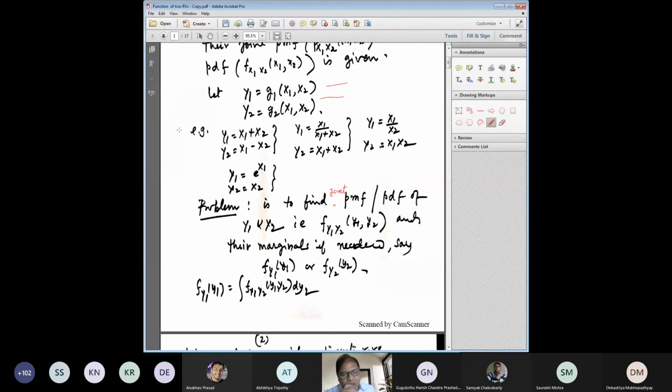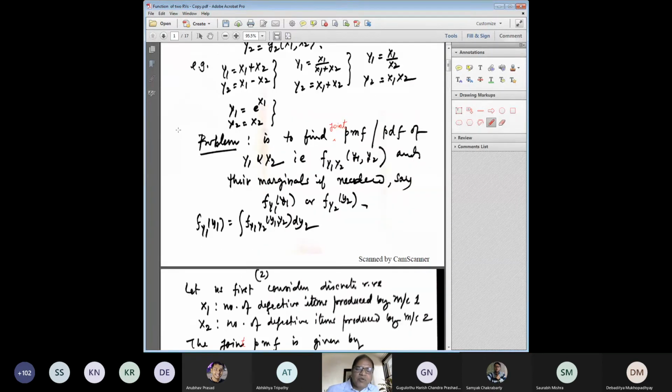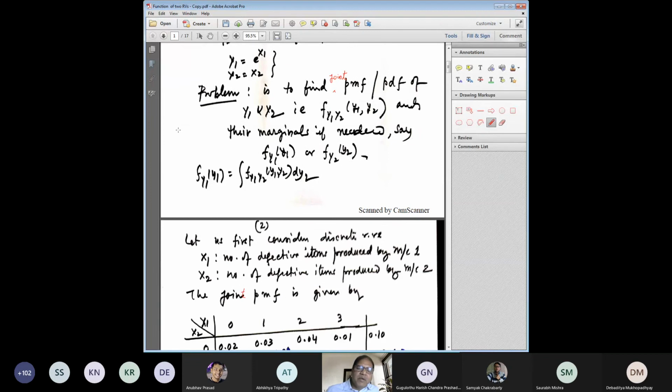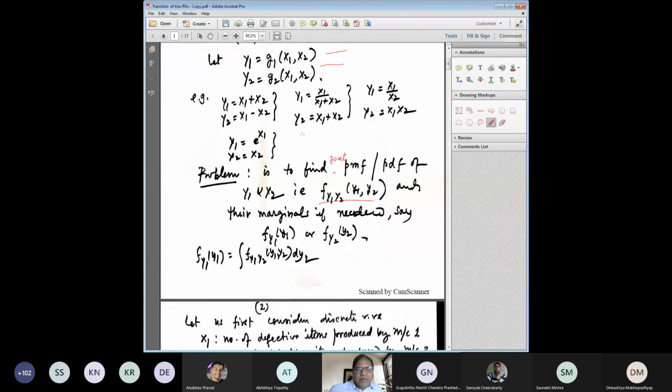or we may need to find the joint density function of y1 and y2. So the problem is to find the joint PMF or PDF, because once you have the joint PMF, you can always find the marginals. For example, if the joint density function of y1 and y2 is known, we can find the marginal of y1. Suppose our objective is to find the density of y1 equal to x1 plus x2.